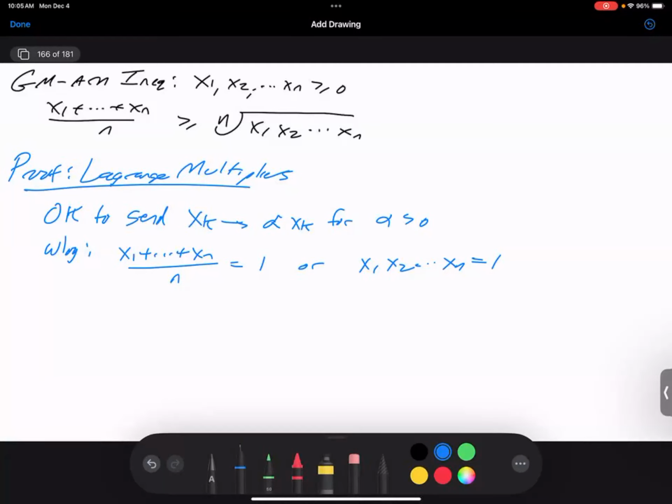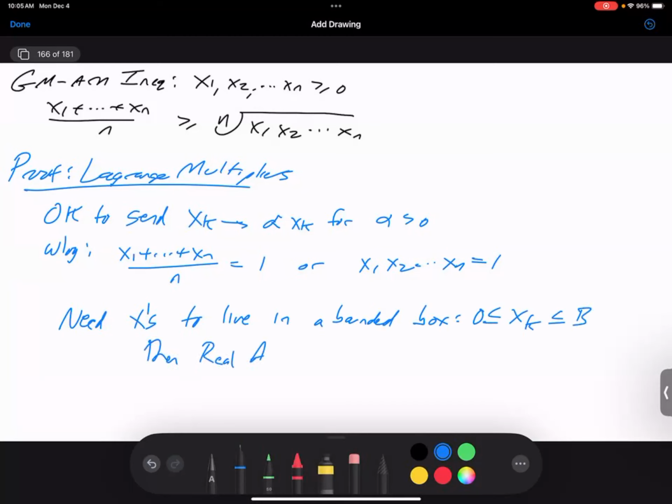So we need the x's to live in a bounded box, say 0 less than or equal to xk less than or equal to some big B. Then real analysis says any continuous function takes its max and minimum. Okay, so this is a big result from real analysis.